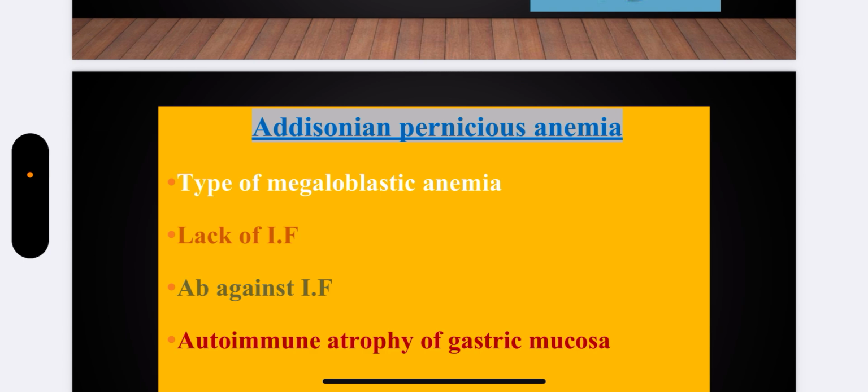It fails to get secreted because of autoimmune atrophy of gastric mucosa, and there is presence of antibodies against intrinsic factor. So the immune system of the body attacks and destroys the cells that produce intrinsic factor from the stomach. So the body is unable to produce the intrinsic factor, and hereby vitamin B12 cannot be absorbed. This is Addisonian pernicious anemia.